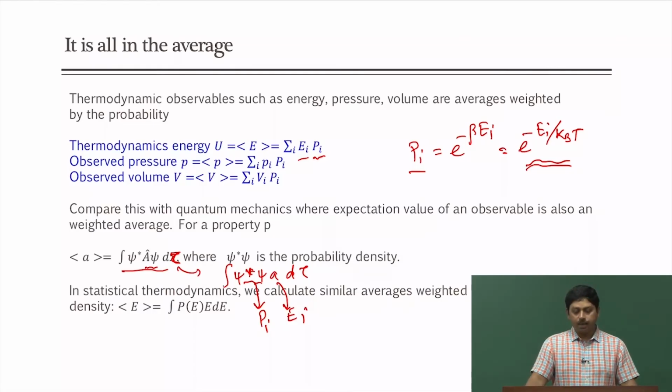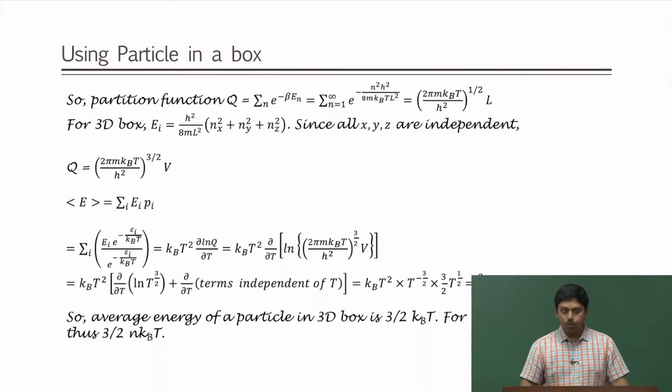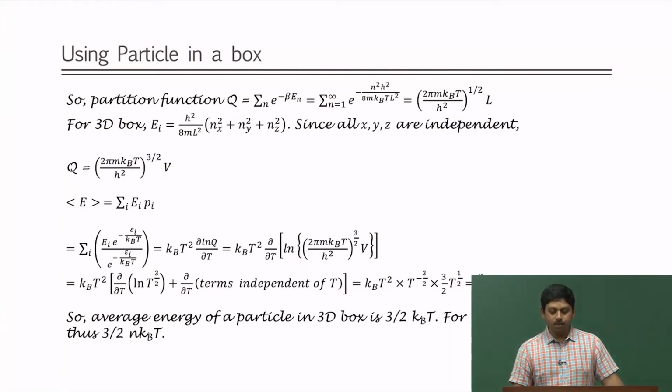So, in order to give you an example, we are going to talk about the particle in a box system. This derivation I will show you in a moment, but before that let us just do the derivations ourselves. Let us do the average energy calculation for a particle in a box system.